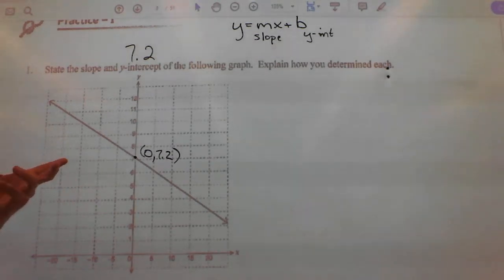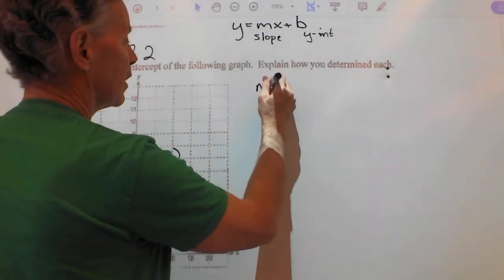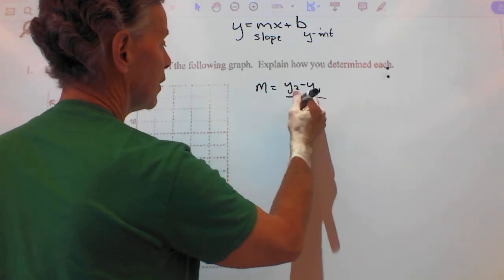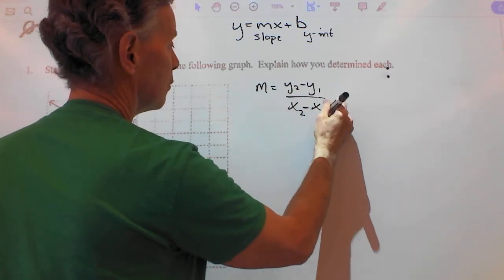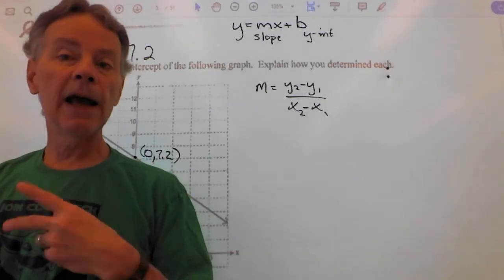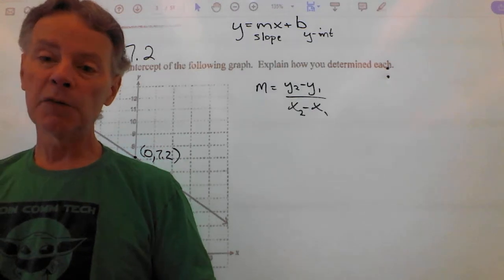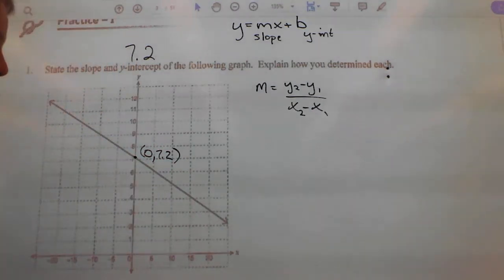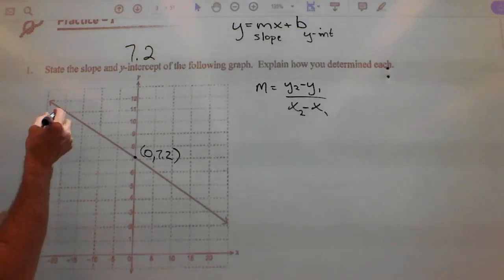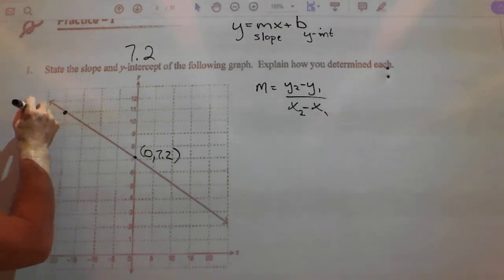Now, to find the slope, it's not quite as easy. We have to use the slope formula, okay? And remember, the slope formula is slope equals y2 minus y1 over x2 minus x1. Pick 2 points on the line. Any 2 points will work. Okay, so remember that. Any 2 points will give you the slope. So pick points that are fairly close to being at an intersection of grid lines.